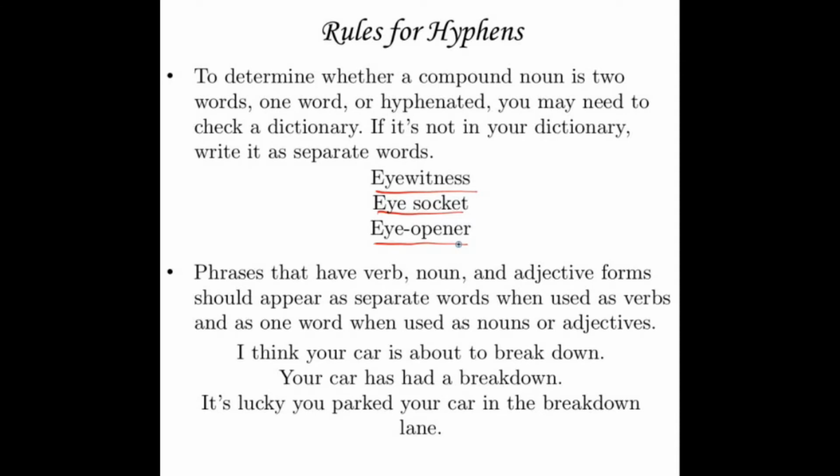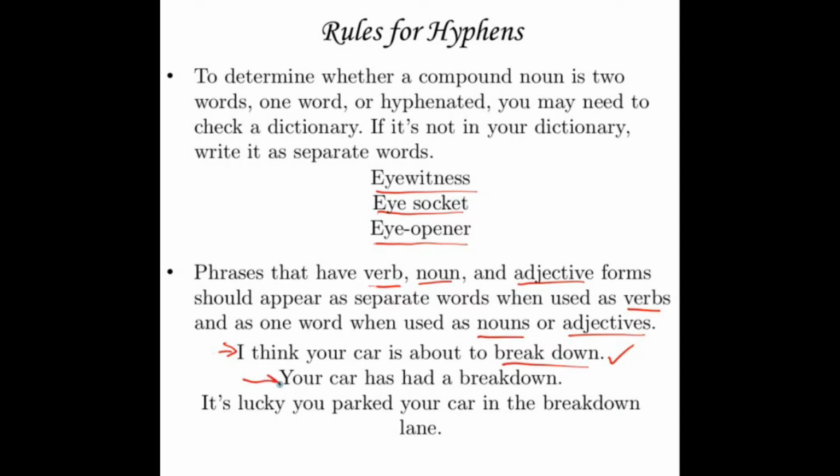Now, phrases that have verb, noun, and adjective forms should appear as separate words when used as verbs, and as one word when used as nouns or adjectives. So let's take a look at the phrase break down. If we're using it as a verb, as in the sentence, I think your car is about to break down, you use it as two words.